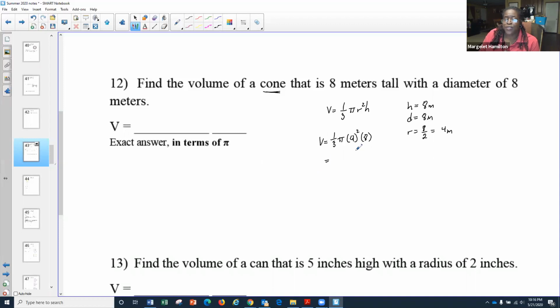Again, if it makes you feel better to put these over 1, go ahead and do it. We have 4 squared, which is 16, times 8. We're going to enter it and get that answer, and then divide by 3.